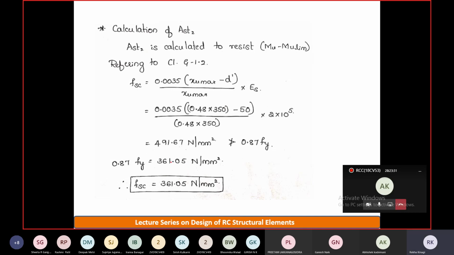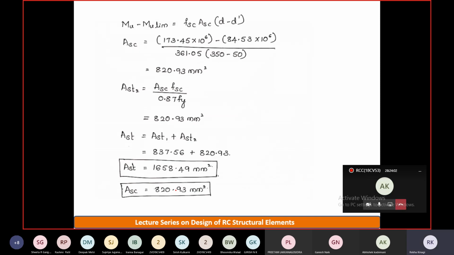Comparing both values, the minimum is 0.87 Fy. Out of these two values, whichever gives the minimum value has to be considered as FSC for all further calculations.